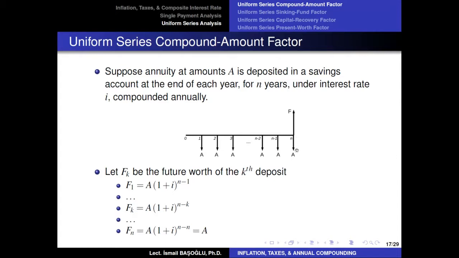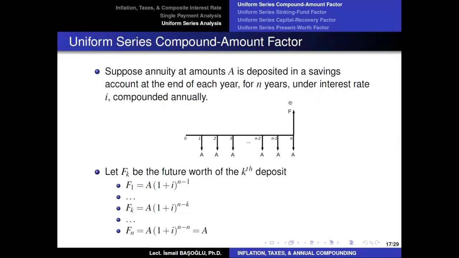Finally, the last installment is not going to be compounded because the future value is measured at the end of the nth year, and we are making this payment just before that, and it is not going to be compounded at all. Therefore, the future value of the last installment is going to be simply A, because there is not any time period that this last installment is kept in the account, therefore it cannot gain any interest.